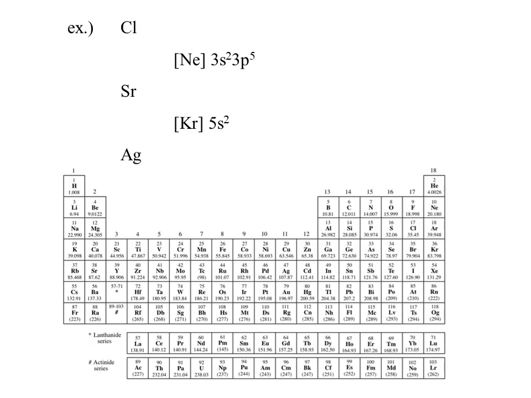Let's do one more. Let's try silver. So again, I want you to find silver. Then I want you to find the noble gas that comes before it. Okay, so you're going to have to go all the way to the noble gas that comes before it. Write that in brackets.